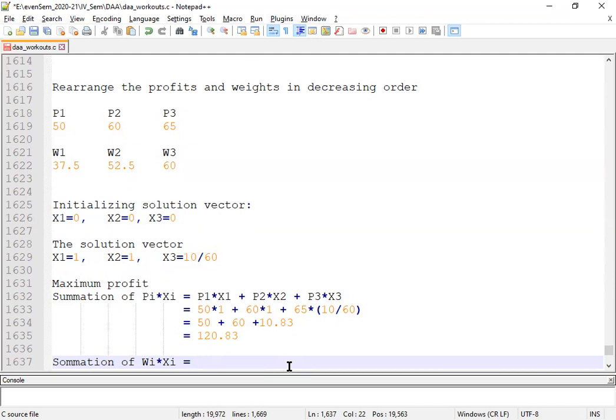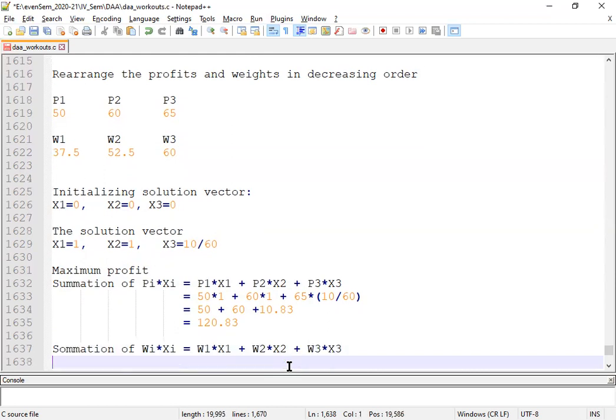First let me elaborate the W1 and X1 values: W1 multiplied by X1 plus W2 multiplied by X2 plus W3 multiplied by X3.